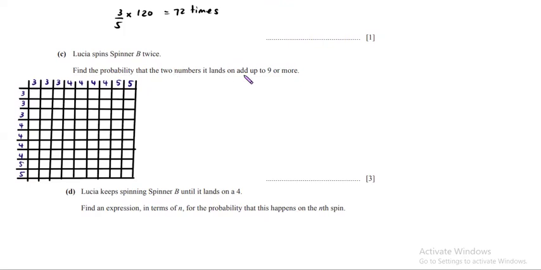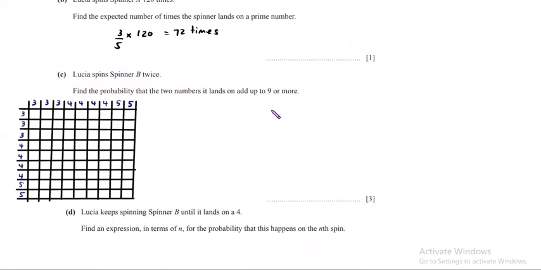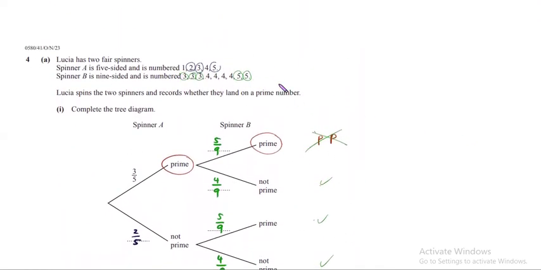The two numbers should make a total of 9 or more, and it's going to be the same spinner that is spun twice, so that's spinner B. In this case, we need the possible ways in which we can get a 9 or more. The numbers that we have in spinner B are 3, 4, and 5.